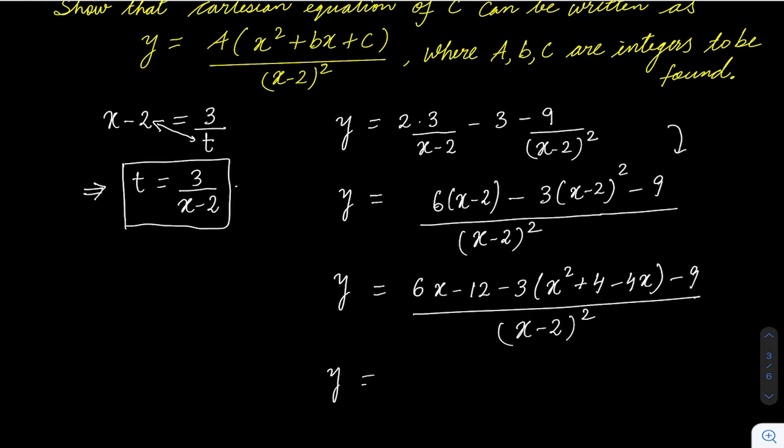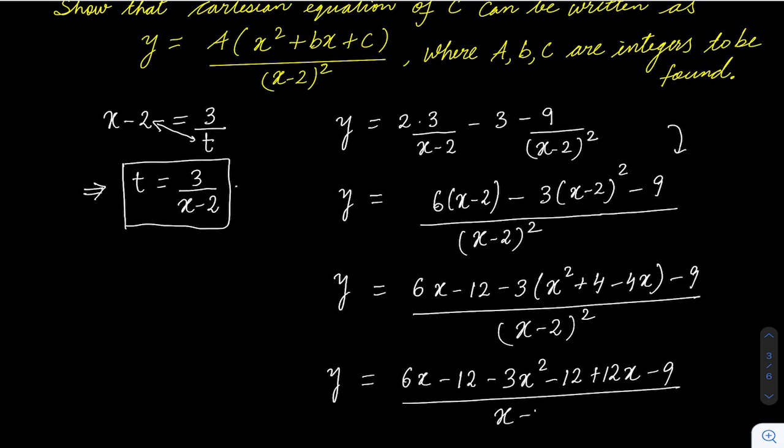So what is my y value? Finally, I'm getting 6x minus 12 minus 3x square minus 12 plus 12x minus 9 over x minus 2 whole square.